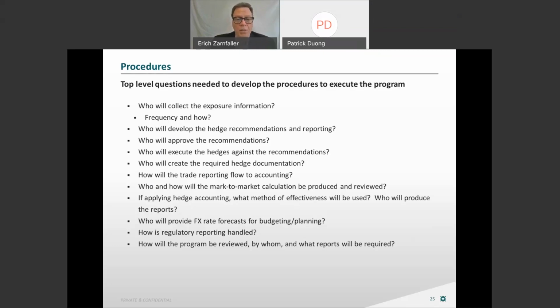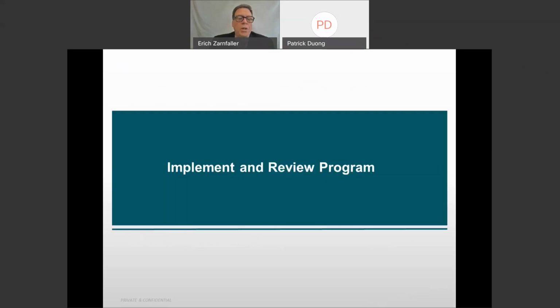In summary, in this section, both the policy and the procedures were discussed to be flexible and to be appropriately detailed guidelines to run a hedge program from exposure identification through review and report generation. In the next section, we reach the fun part of the program development: program implementation and review.